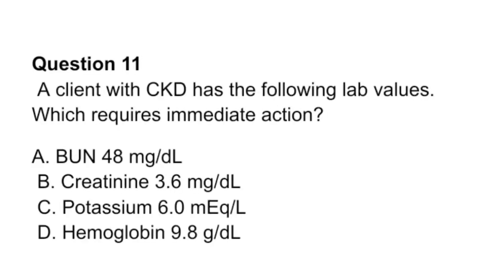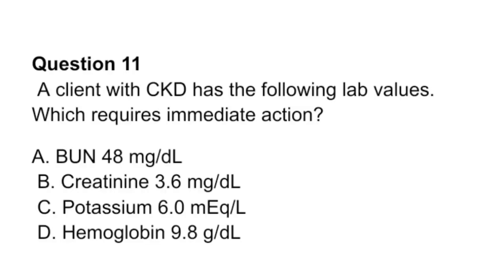Question 11. A client with CKD has the following lab values. Which requires immediate action? A. BUN 48 mg per deciliter. B. Creatinine 3.6 mg per deciliter. C. Potassium 6.0 milliequivalents per liter.